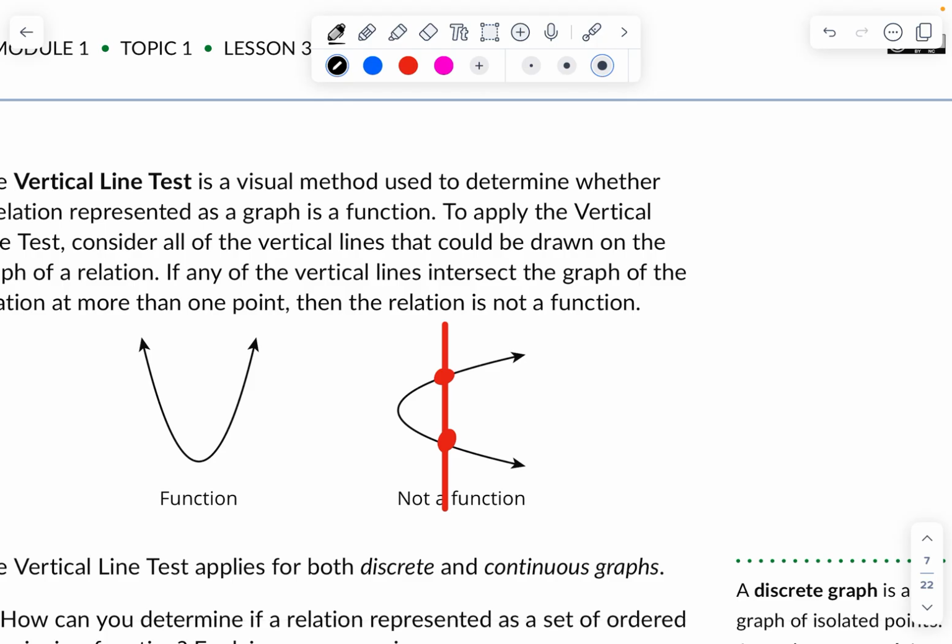Continuous might be something like temperature. If you were graphing the cooling time, and because we had one of these in a prior lesson, something started off at say 100 degrees, and you removed it from the heat. Over time, time does not jump. You don't jump from 0 minutes to 1 minute.